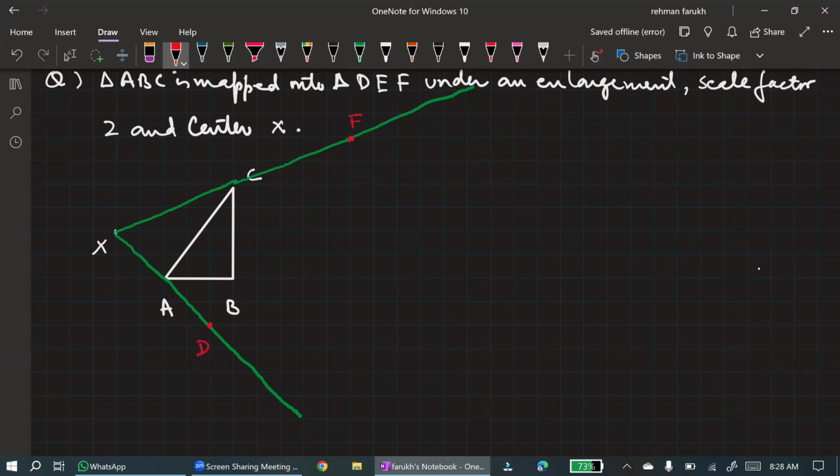Now we want to draw the point E. I will again join X with B and then extend.